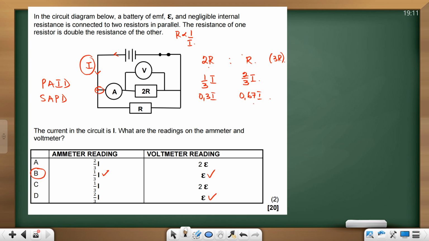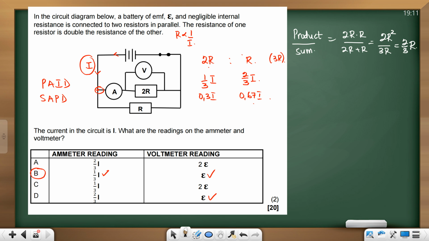What is the total resistance in the circuit? Since it's parallel, we can say product over sum. Product: 2R times R over 2R plus R. I want to show you something. And what would this be? 2/3R, mathematics.